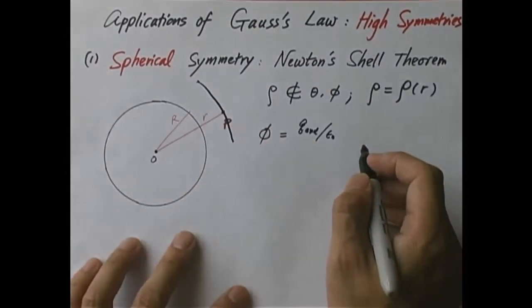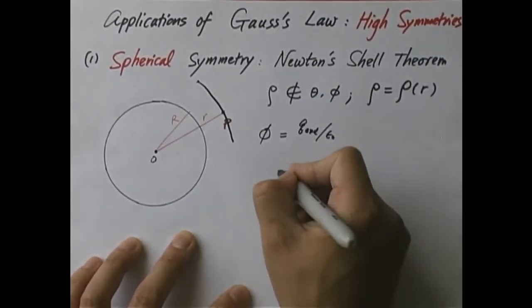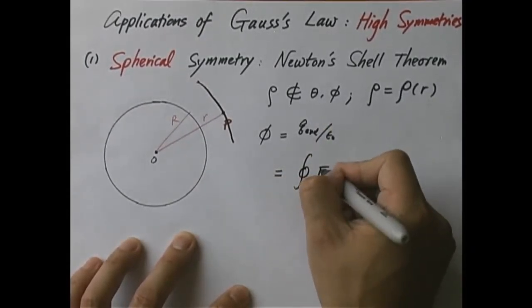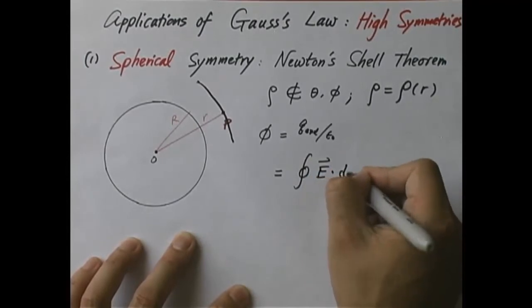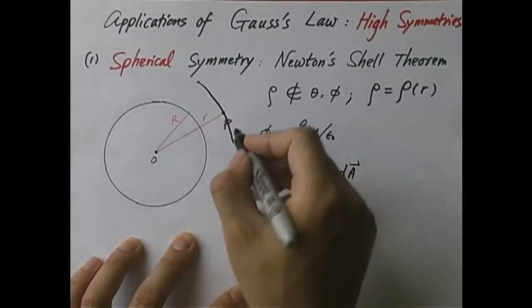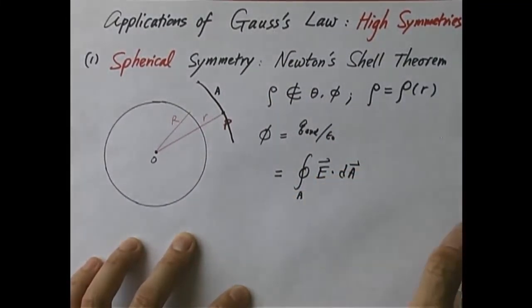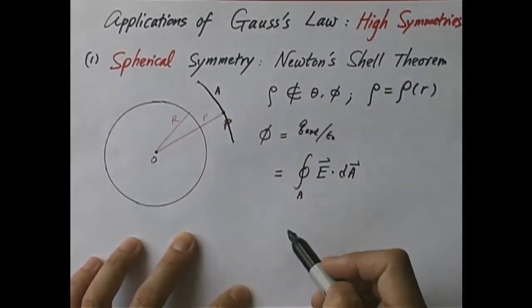So for this Gaussian surface, the integral can be written as: the integral of E dot dA over the Gaussian surface A. That's the particular Gaussian surface we choose. We're not going to choose a cylinder or any weird shape. We're just going to choose a sphere.